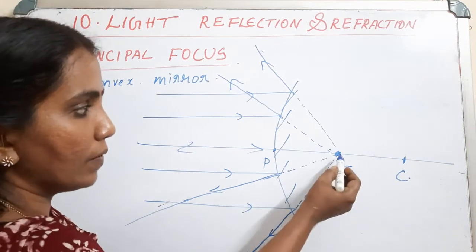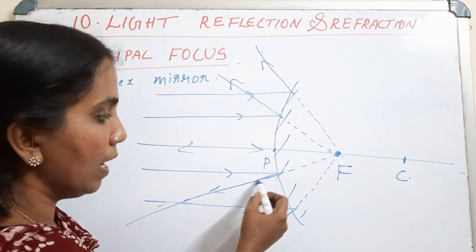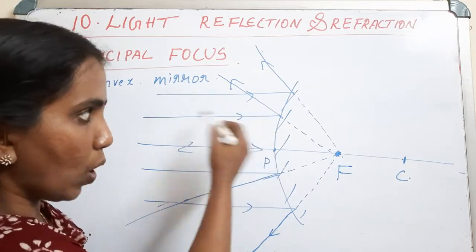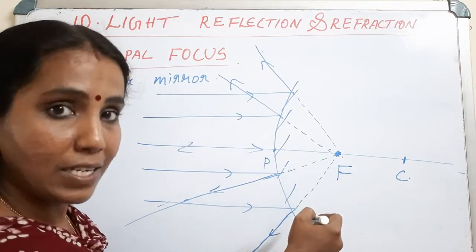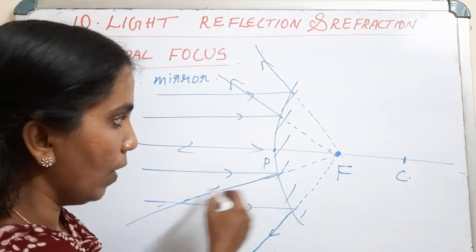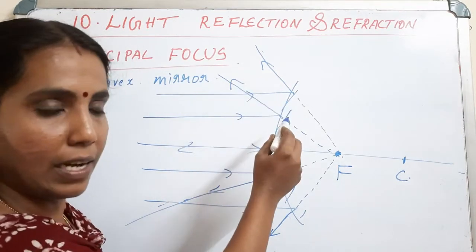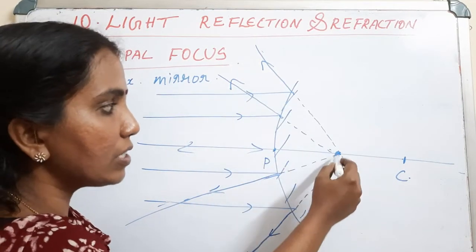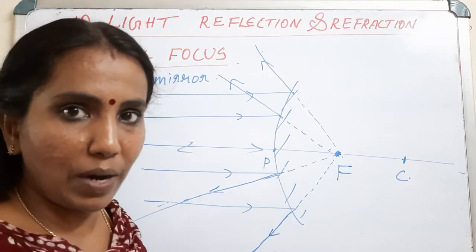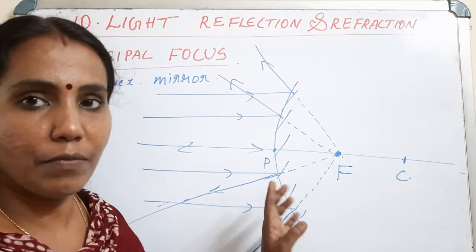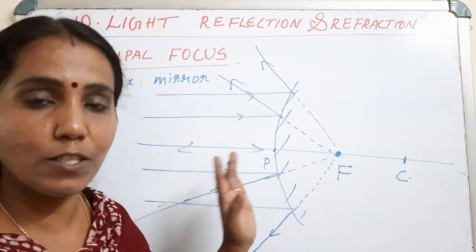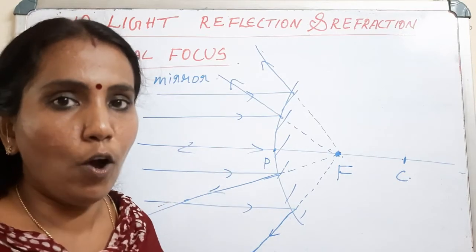Hope you understood. Here I used solid lines, and here I used dashed lines. So actually this is how the rays are getting reflected, and the extensions are meeting at a point on the principal axis.